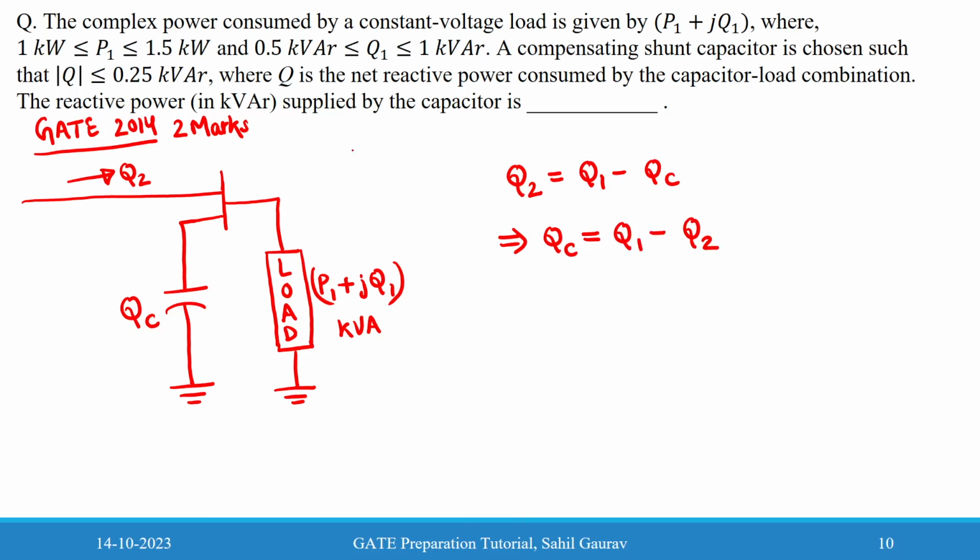And for this combination, mod Q is given as 0.25 kVAr. So how much should this reactive power be maximum?